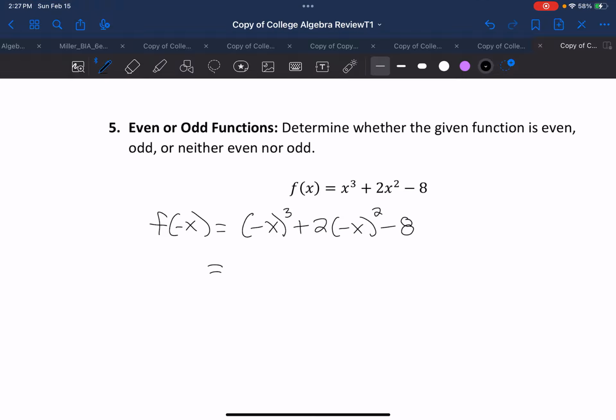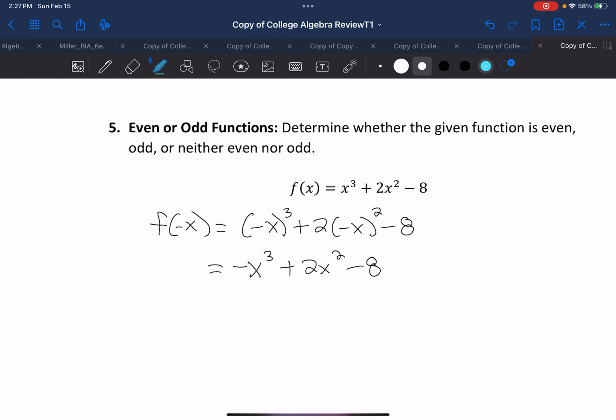When you raise a negative number or variable to an odd exponent, it remains negative. So this would be -x cubed. But this one would become positive because it has an even exponent. So that would be plus 2x squared minus 8.